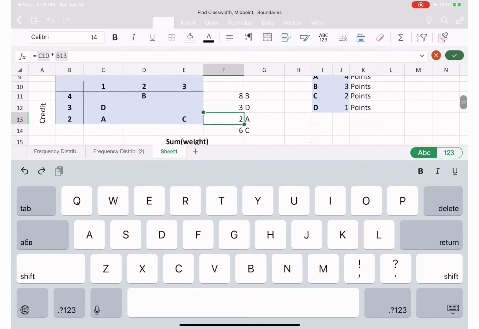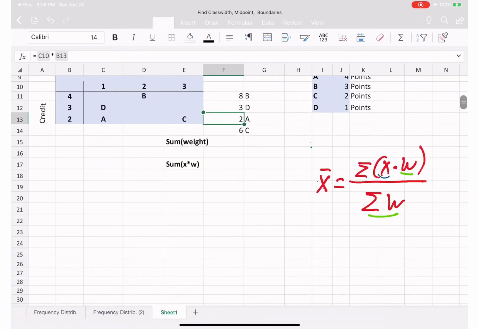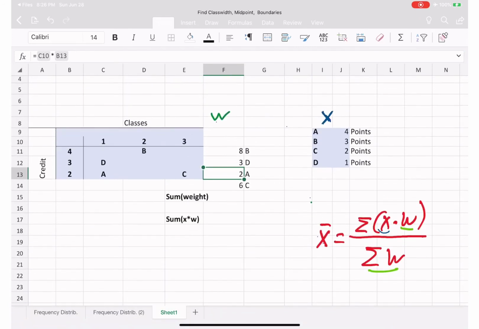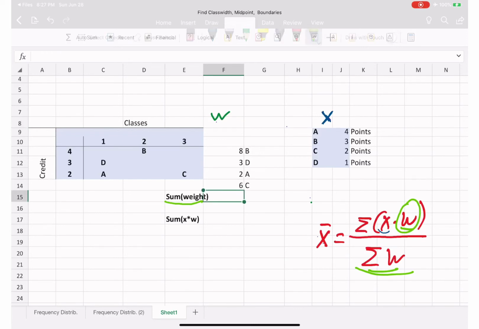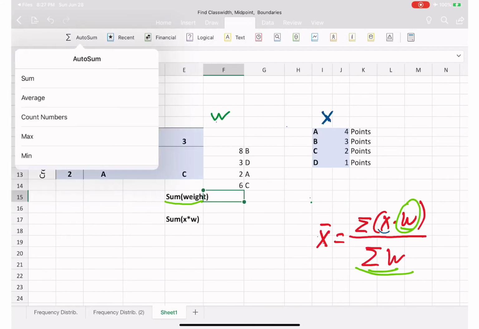So next, what do we need to do? Since we have our W, here it is, our W. Now we need to find sum of W. Here it is, sum of weight. So that is going to be equal sum.